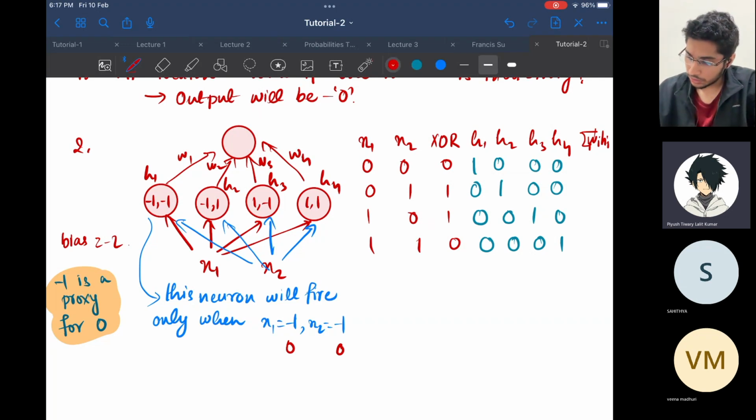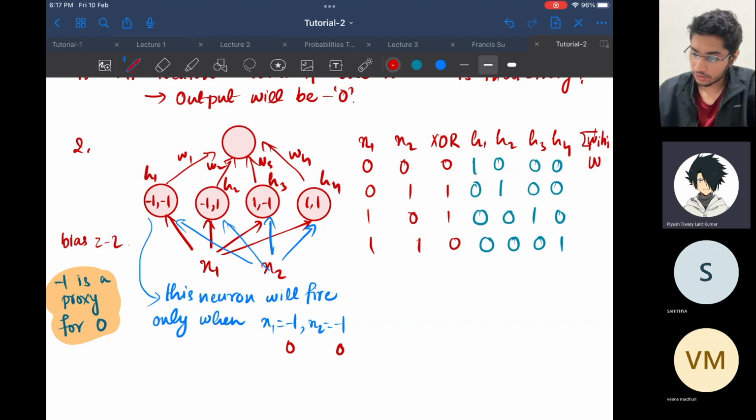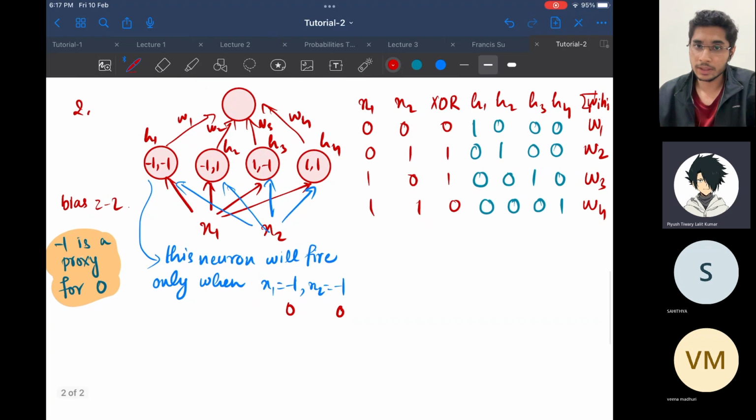I hope you agree that since w1 is getting multiplied by h1 here, and h1 is 1 in this case, and the rest, h2, h3, h4, are all 0, they won't matter, and only w1 will multiply with h1, which is 1, and you will get w1 as output. Similarly, you will have w2 here, w3 here, and w4 here. This is the way that table was constructed.